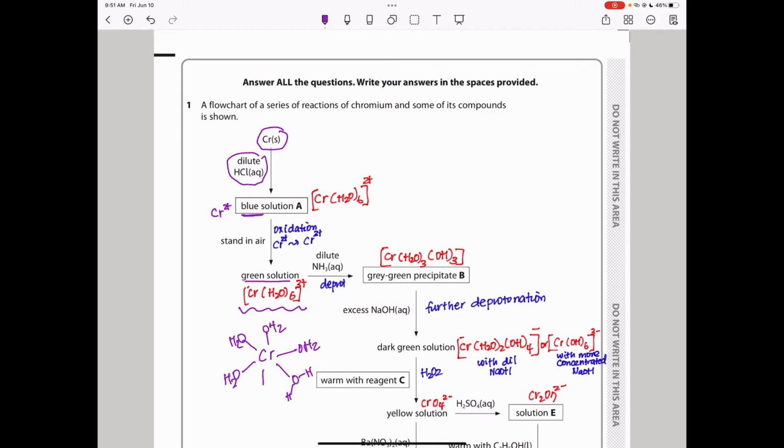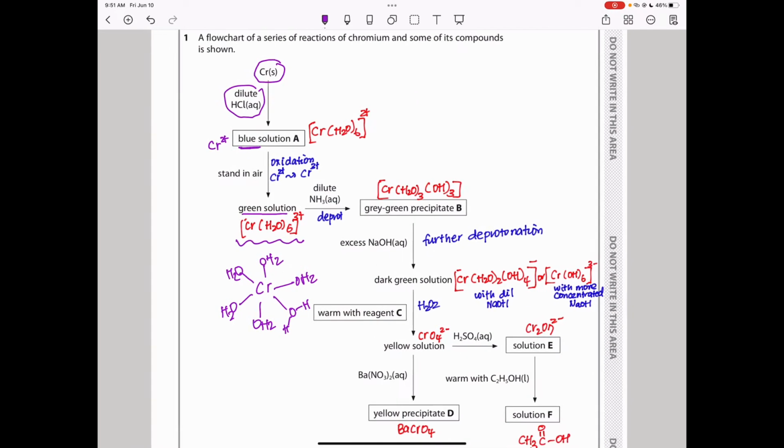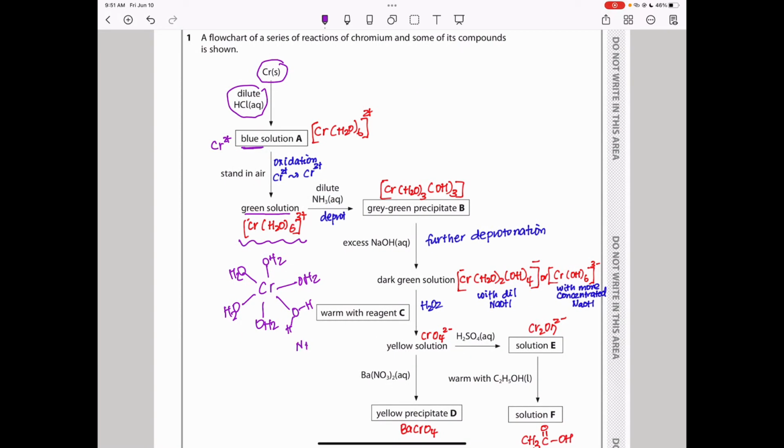Now, as ammonia approaches, with its lone pair, due to the difference in electronegativity, this lone pair is going to be donated to that hydrogen, and the hydrogen goes away producing ammonium, leaving OH here. So this was a water ligand, but a hydrogen has been taken away, leaving OH as the ligand.